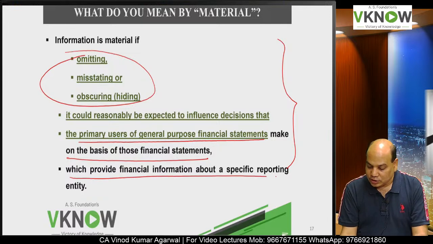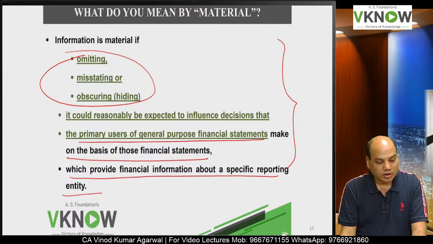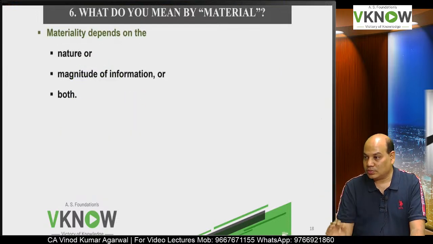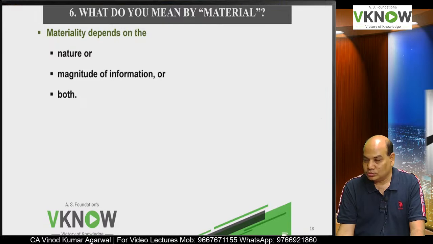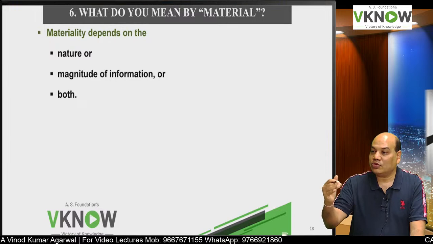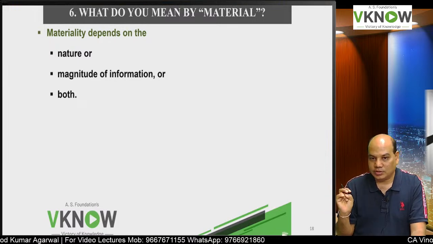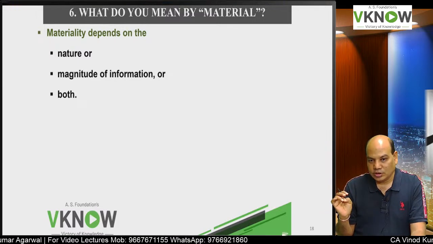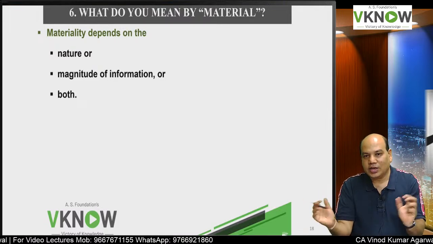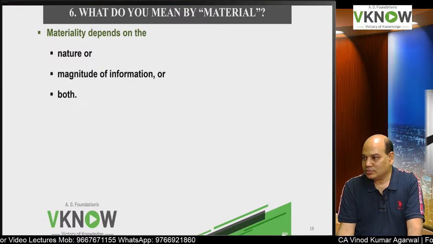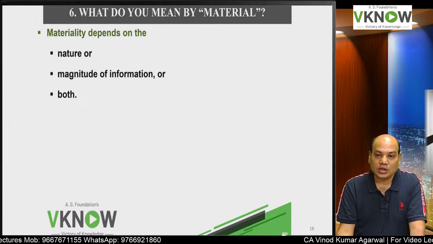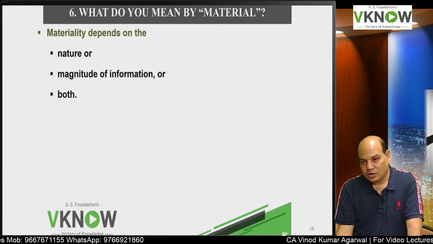For example, not disclosing undisclosed income as per Schedule 3 Division 2, not disclosing Benami property disclosures, not giving age-wise breakup of capital WIP, giving aggregate information instead of segregating that information where required. That kind of information is material if it can influence the user of the financial statement.